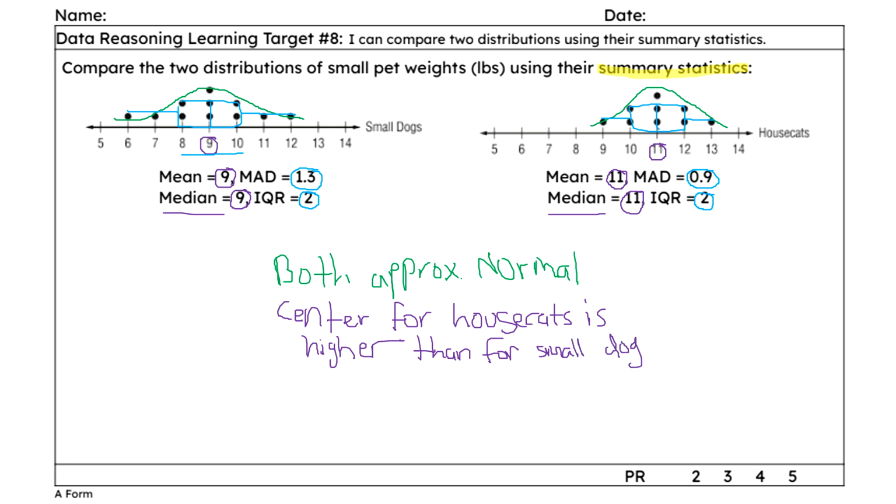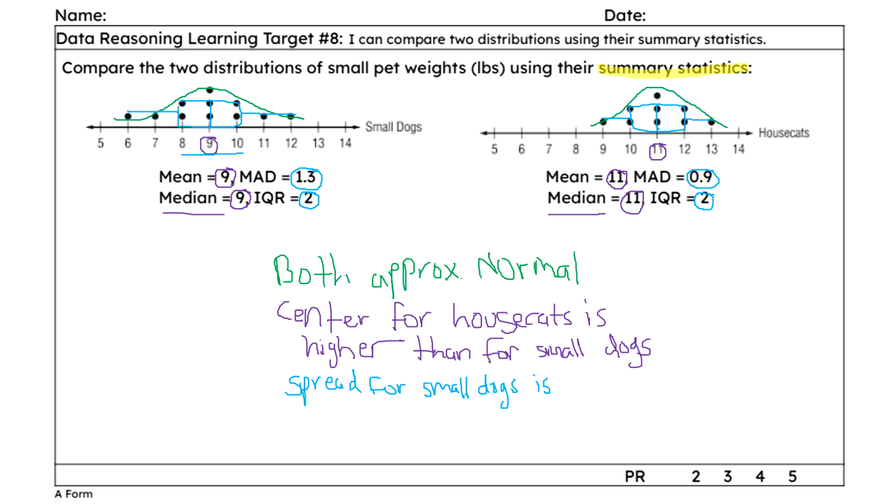And now we are going to take a look at the spread. Now, the interquartile range is still the same for both of them, but overall, looking at the mean absolute deviation, the MAD, it is a little bit larger for the small dogs. So we're going to say the spread for small dogs, and I might say slightly larger, slightly higher, because it's not by much.